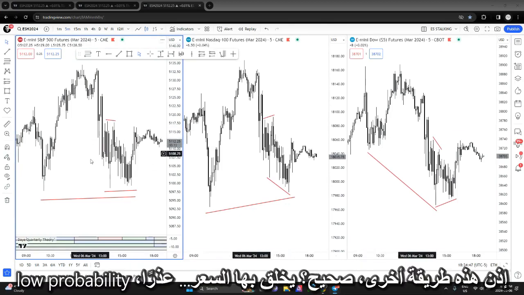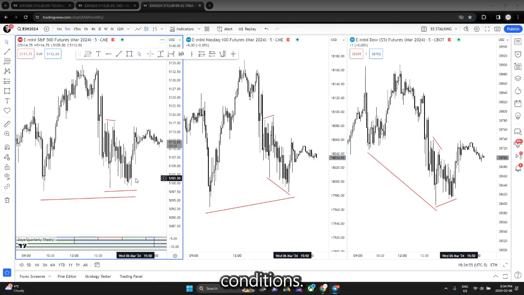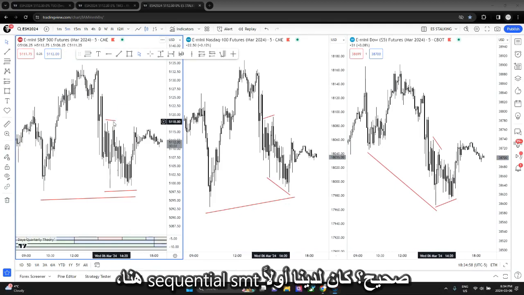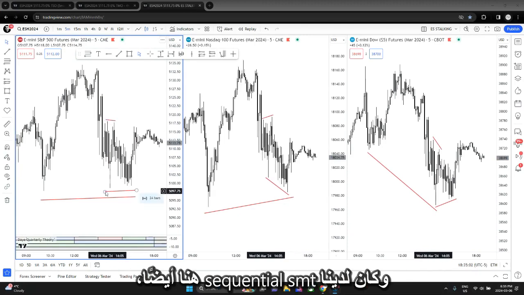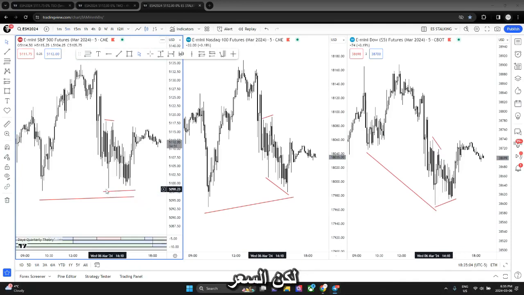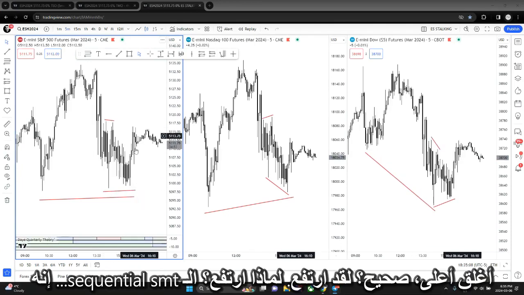So this is another way of price creating low probability conditions. First of all, we had sequential SMT here. We had sequential SMT here as well. But the price closed higher, right? It rallied. Why did it rally?